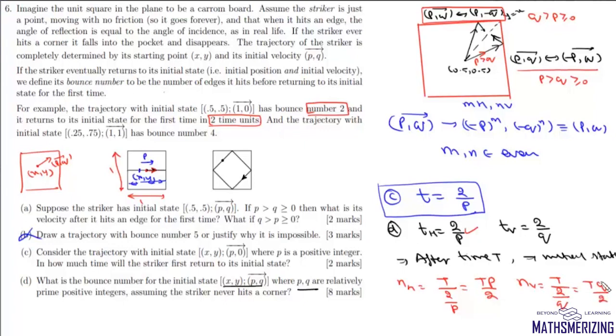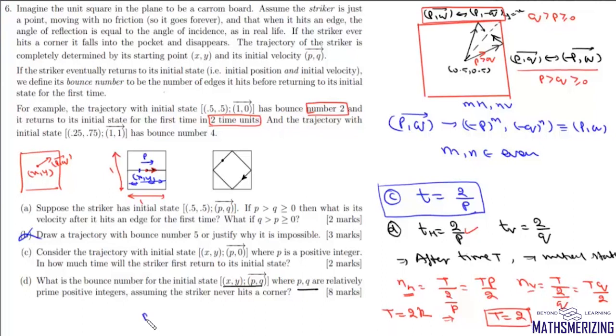Now p and q are relatively prime. So that means this 2 must divide t. So this t should be some multiple of 2. So the minimum value of t in this case will simply be 2. So it is when the time is 2 that this striker will return to its initial position, giving nh and nv as integral numbers.